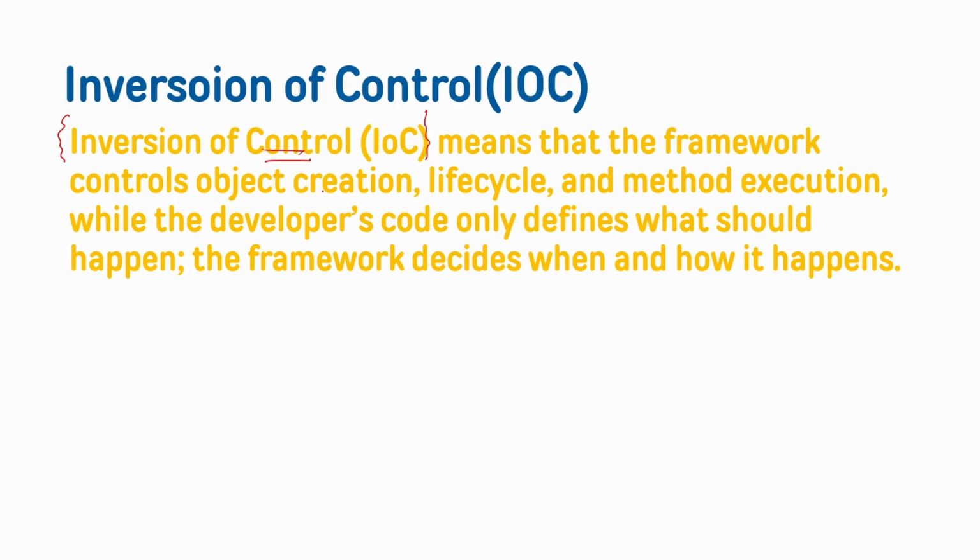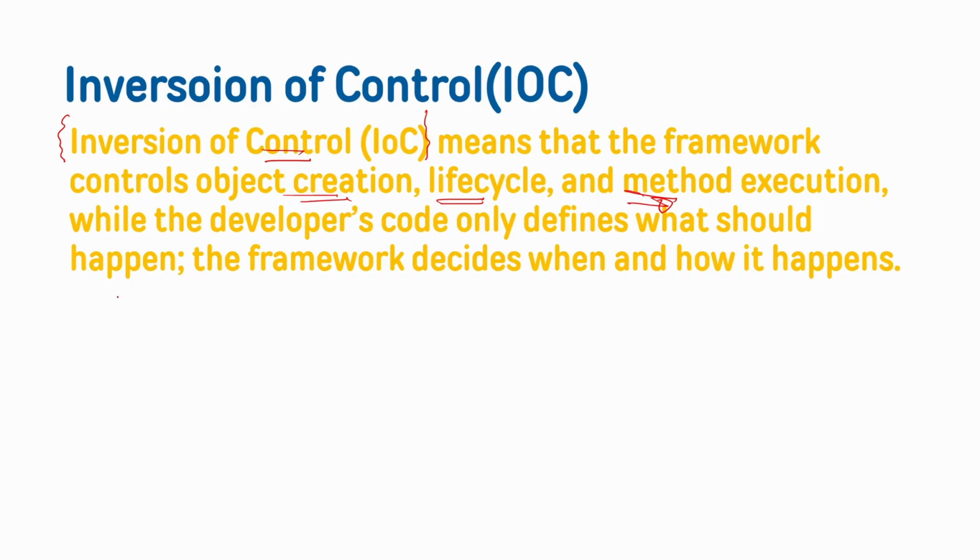Inversion of control means that our code does not control the flow of execution; the framework does. The framework handles creating the object, the life cycle of the object, and method execution, and our code does not handle all this by itself.